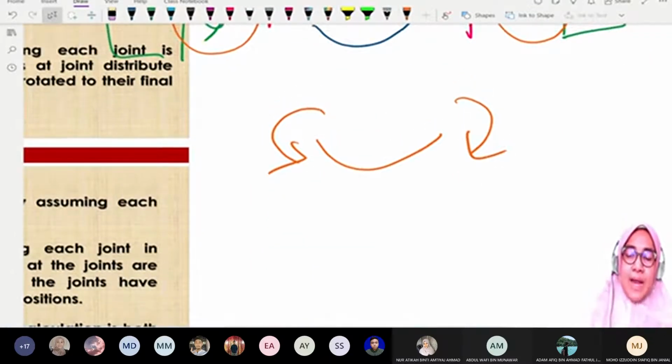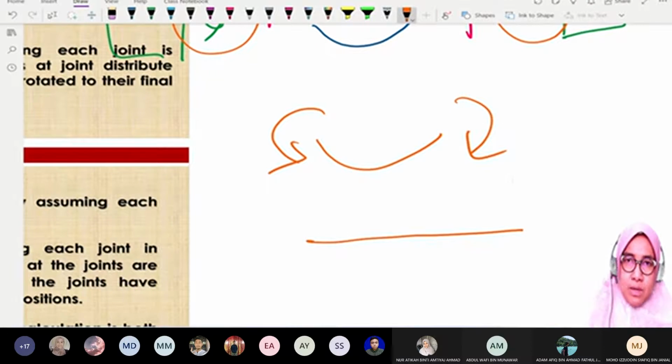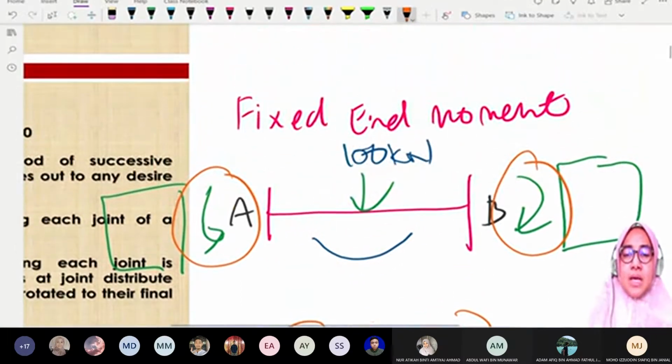When we apply a moment like this, the beam will move back to its straight position. That is fixed end moment. The moment direction due to fixed end moment is always restoring.